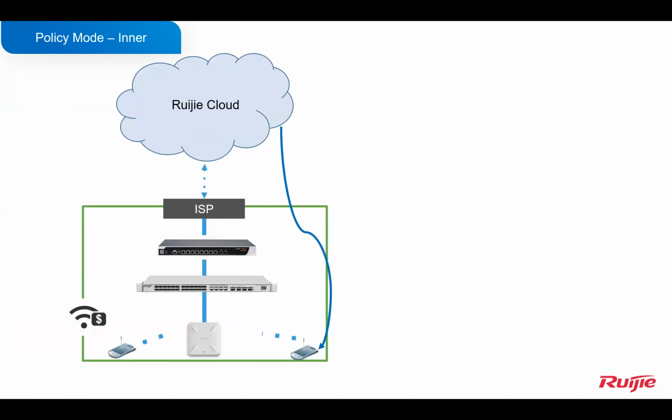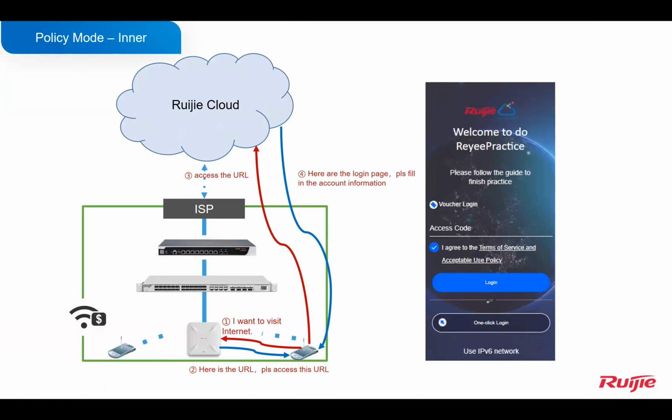First is inner. For inner, our phone will send a message to the AP asking, I want to visit the internet. Our AP will receive the information and feed back: here is the URL, please access this URL. This URL is the address of Reyee Cloud.